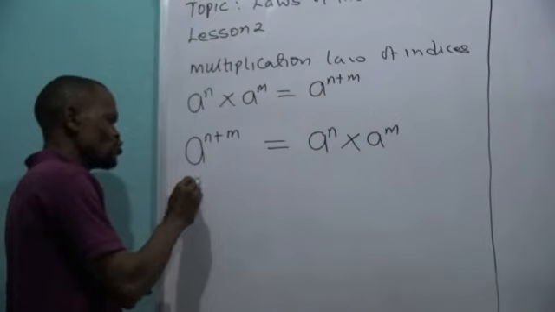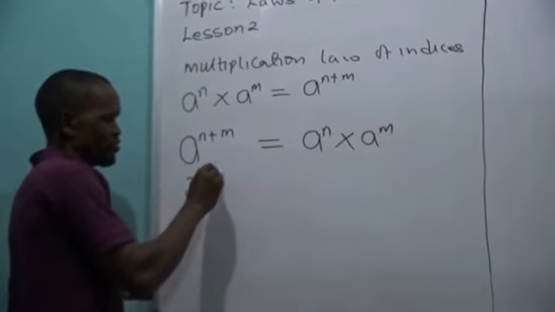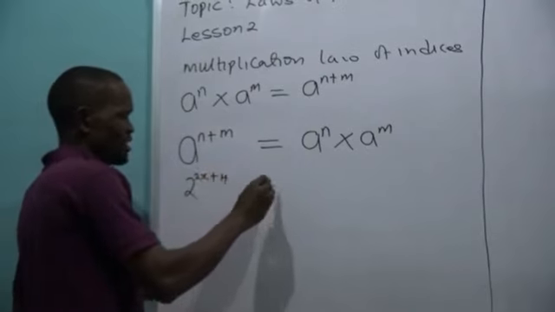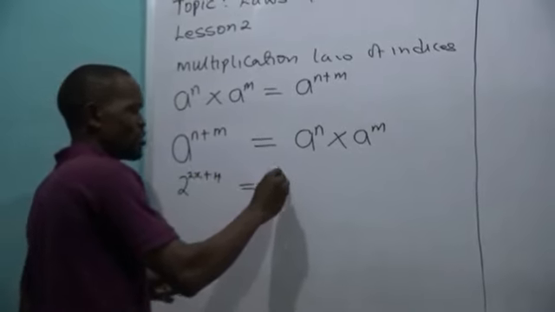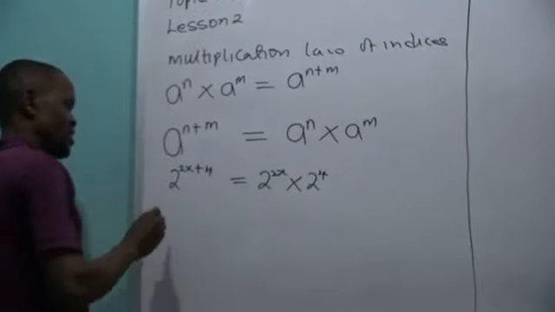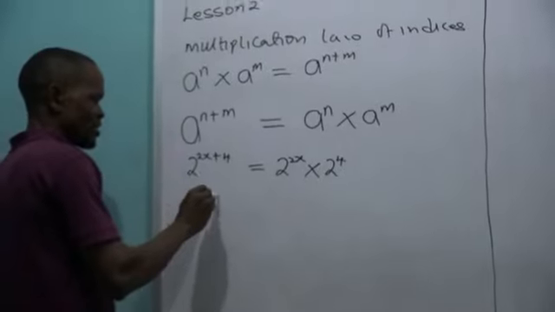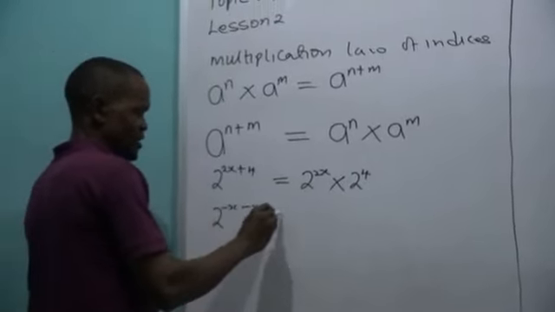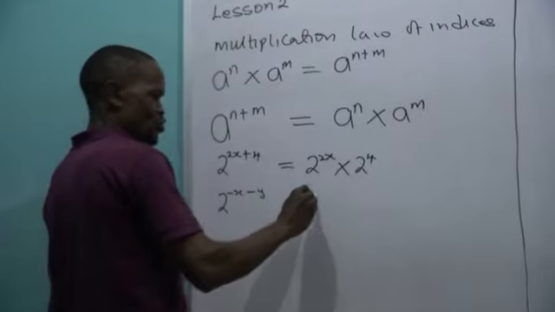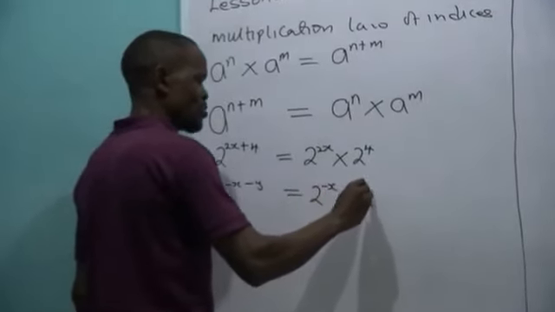Therefore, if I have 2 raised to the power 2x plus 4, this simply means the same as 2 raised to the power 2x times 2 raised to the power 4. If I have 2 raised to the power minus x minus y, it simply means 2 raised to the power minus x times 2 raised to the power minus y.